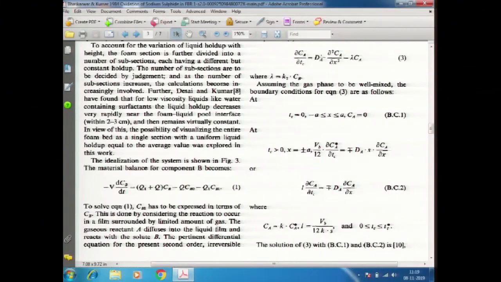But on much longer time scale, let us say we look at a film entering foam section after half an hour. After half an hour, the concentration of sodium sulphide in the reactor storage section might have dropped, and this Cb for films now starting from storage section would be quite different from half an hour earlier.